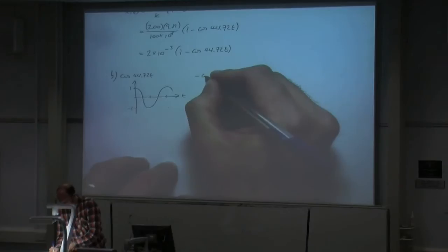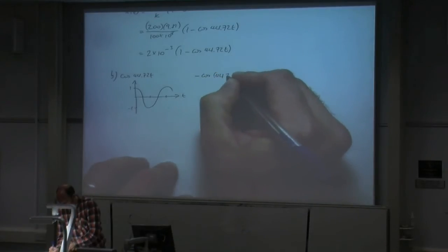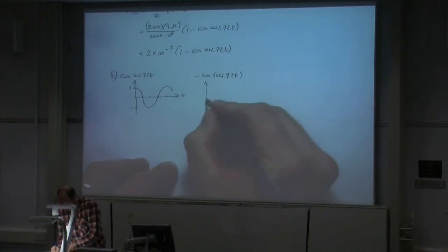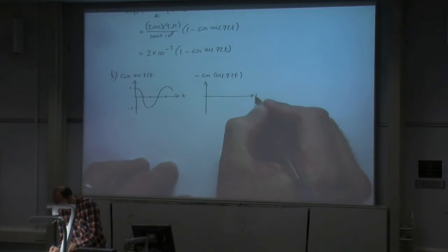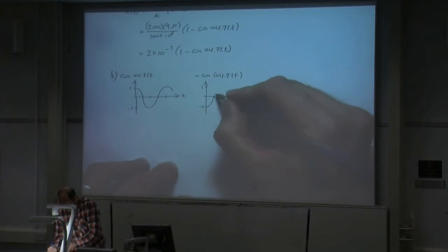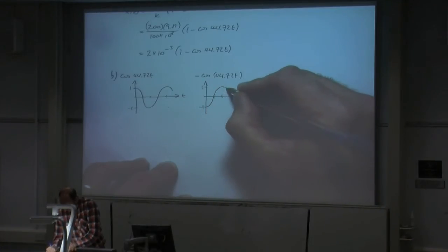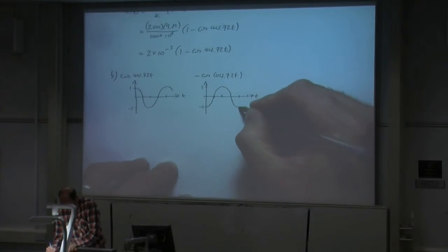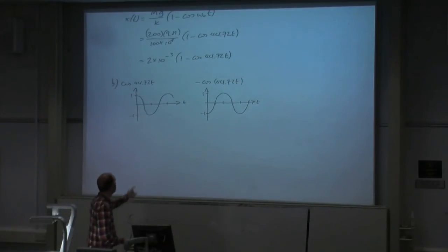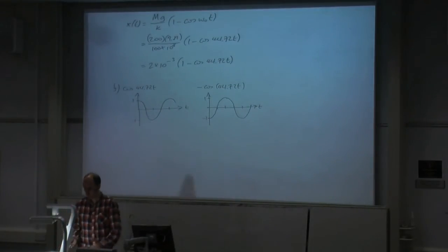If we plot minus cosine of 44.72t, we get something that looks a bit like this. So it's just this one upside down.